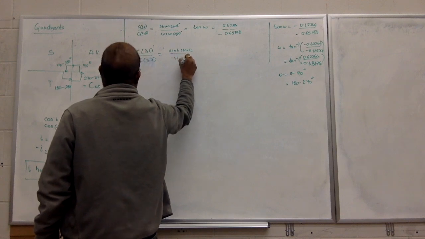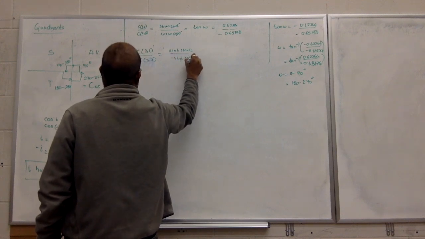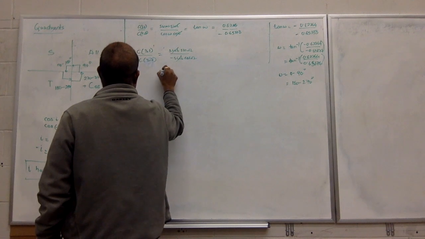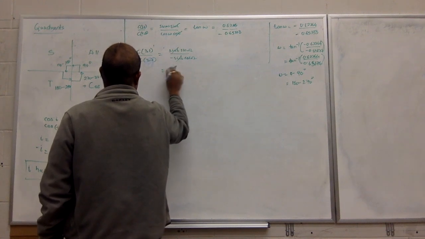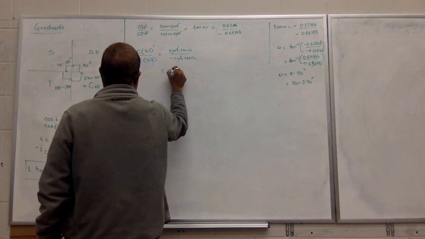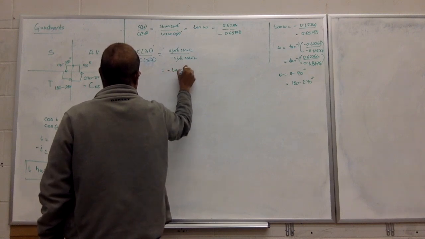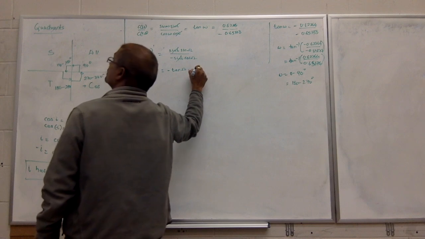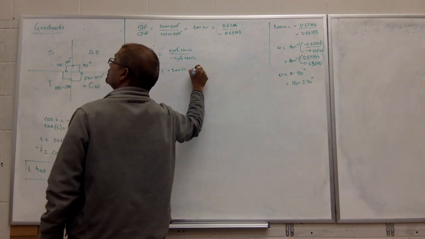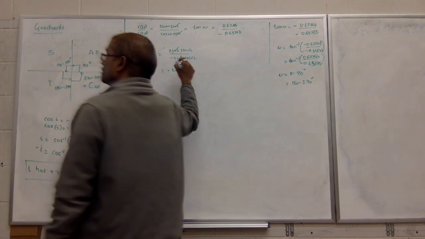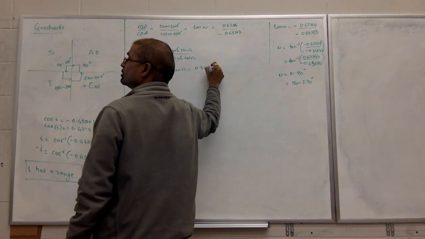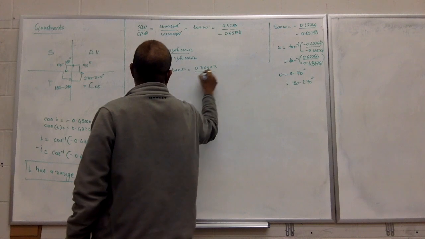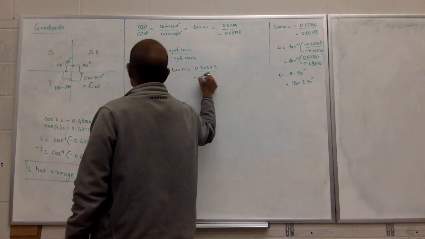The sine I cancels. What are you going to get? It'd be tangent. Negative tangent omega is equal to what? 0.86603 divided by negative 0.25.